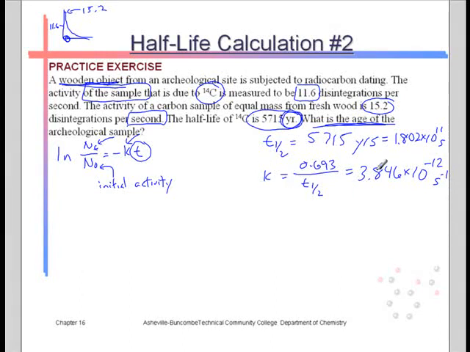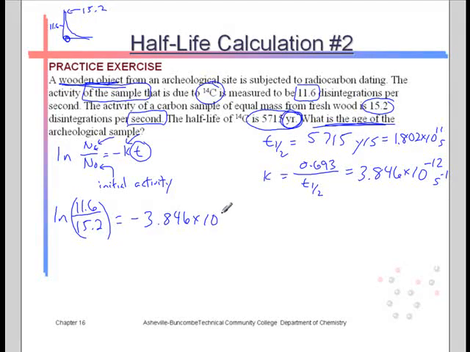So we're good there. And now we can just plug all these values in. I'm going to drop the units, disintegrations per second on both of these, so they're going to fall away as I do this calculation. So I'm not going to bother carrying them through. And for the k, don't forget the negative sign. And remember, for the test, I'm going to give you this equation anyway. You just need to be able to use it.